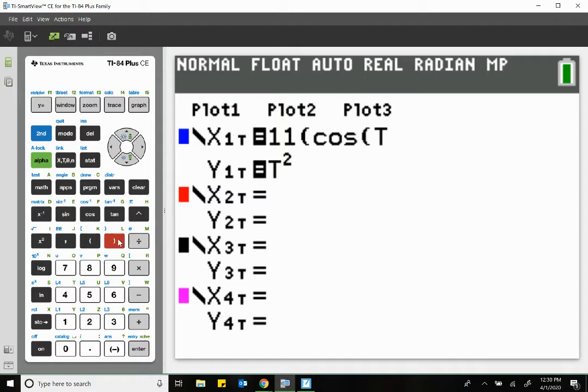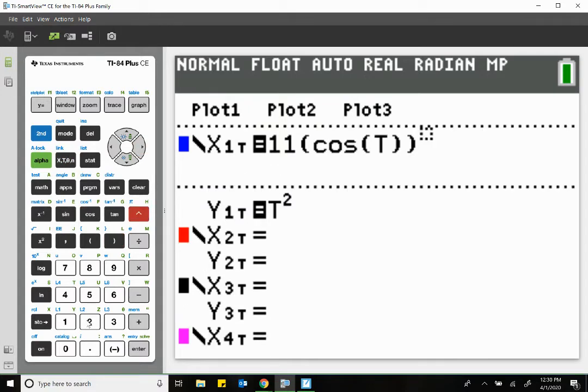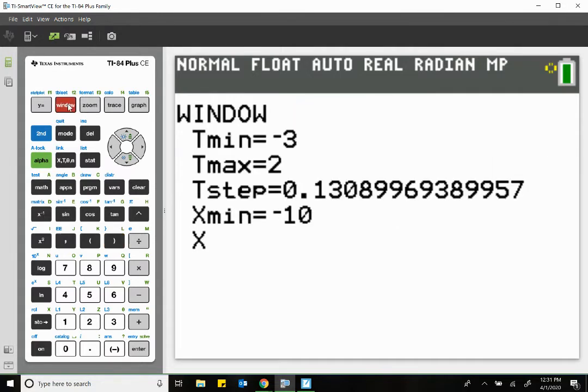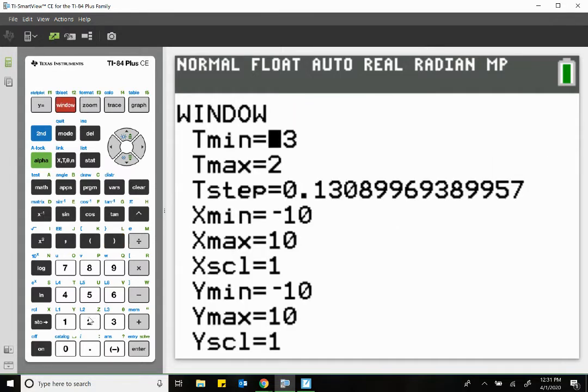Cosine t squared and 11 parenthesis sine t squared. All right. And then remember on this guy, we were going from 0 to pi over 2.